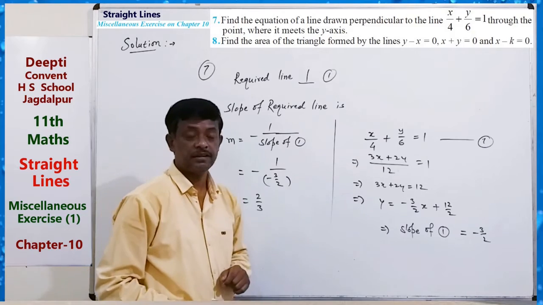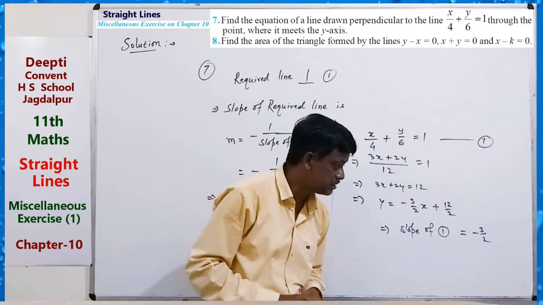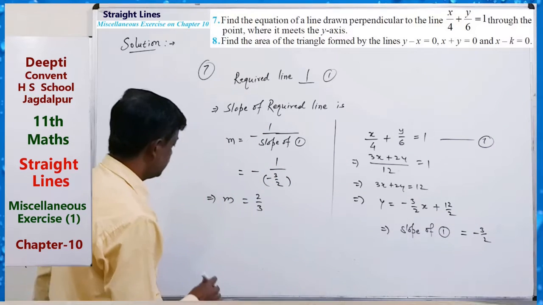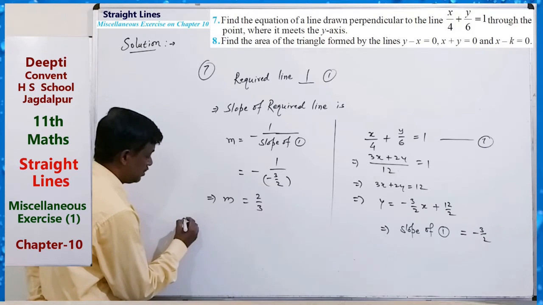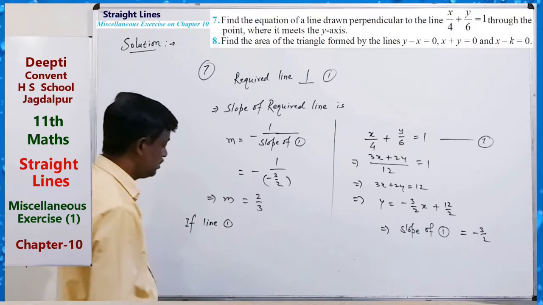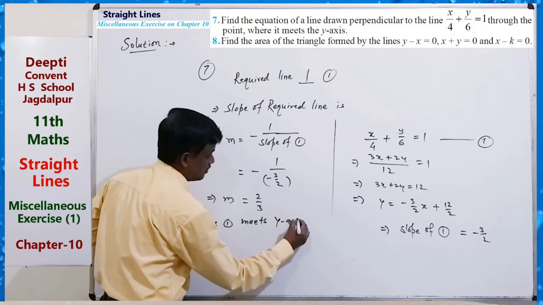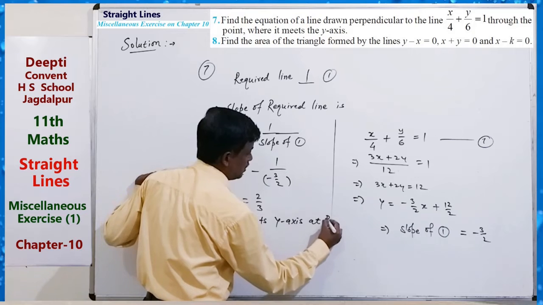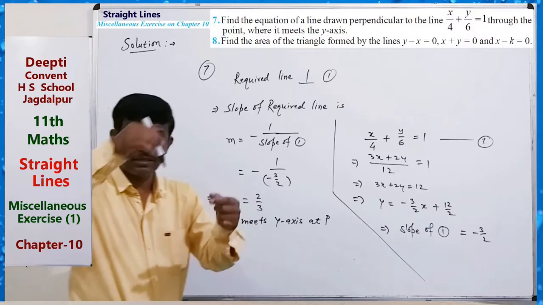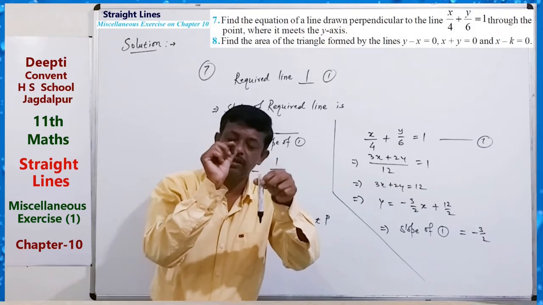Also given that line 1 meets the y-axis at P. When the line meets the y-axis, for that point the value of x is 0.